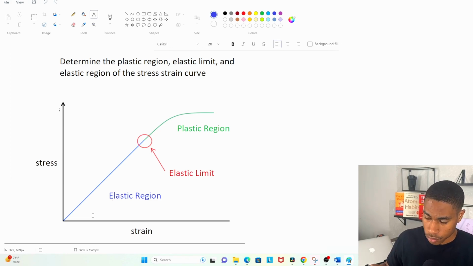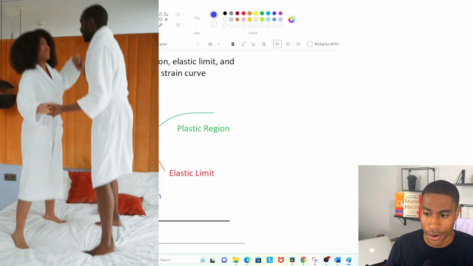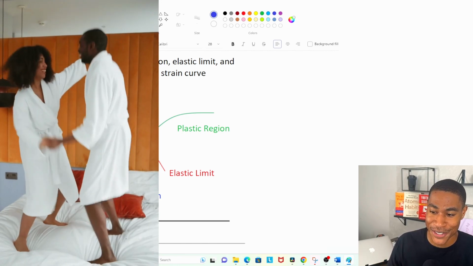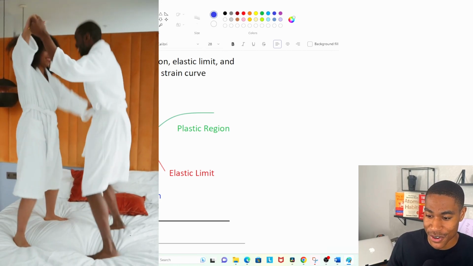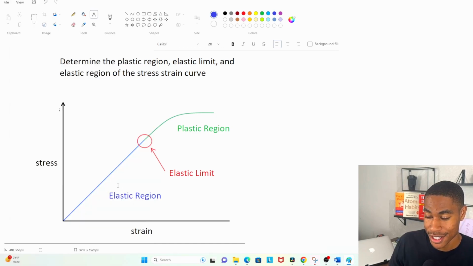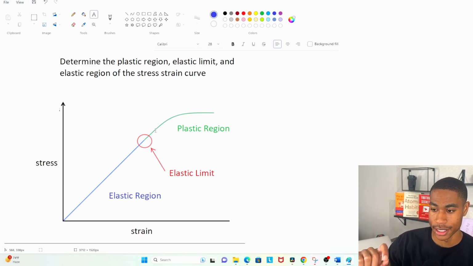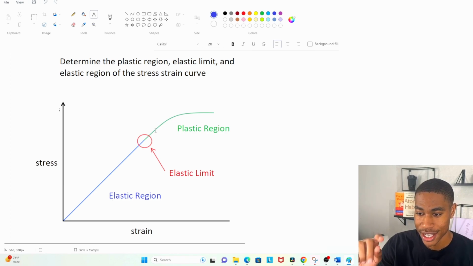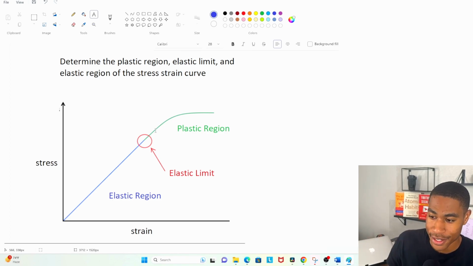And as you're jumping on the bed, you're putting stress and strain on those wooden planks. At a certain point, we put so much stress and so much strain on these wood planks that it got to that plastic region, and it ended up cracking, failing, and rupturing.